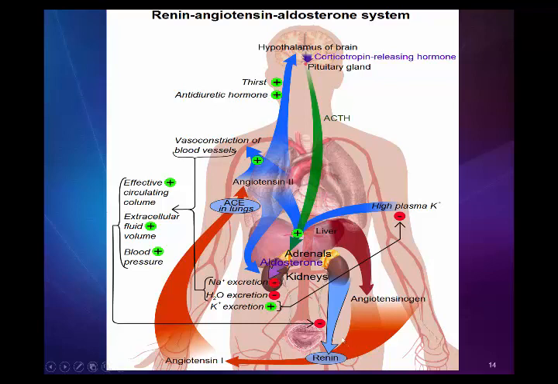Then the renin angiotensin system, again, here is that, and that will vasoconstrict, and then the aldosterone in addition will help the process by retaining sodium in order to retain water and volume. And then you see up here ADH is released from the pituitary as well, but from the posterior pituitary in order to hold on to the volume and not allow us to urinate it out. So it's anti-diuretic hormone.